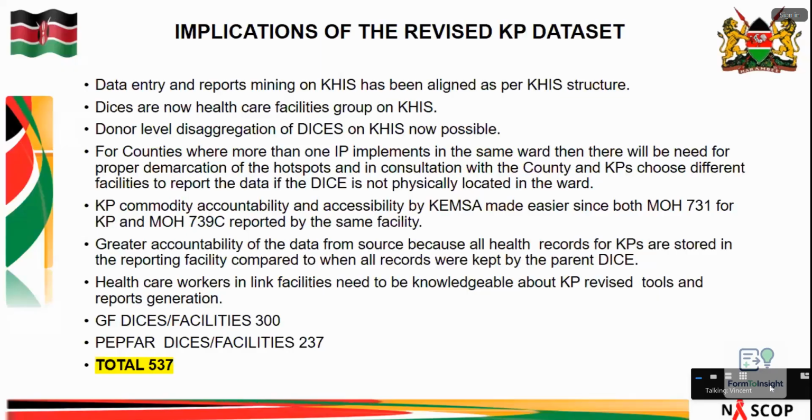Like in allocation, we have 300 of them being linked to GF for Kenya Red Cross DICEs, and then about 237 of them being PEPFAR supported. So in total, we have 537 facilities for KP that have been allocated the dataset for KP on KHIS.